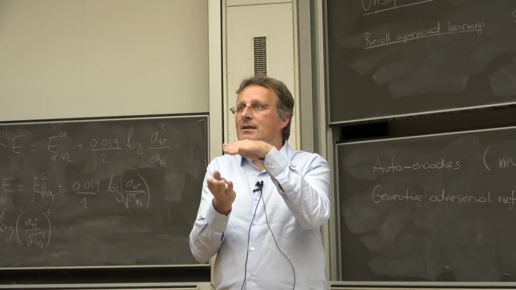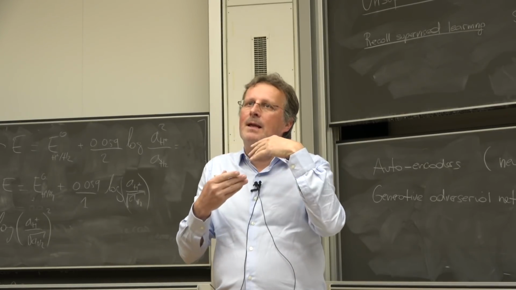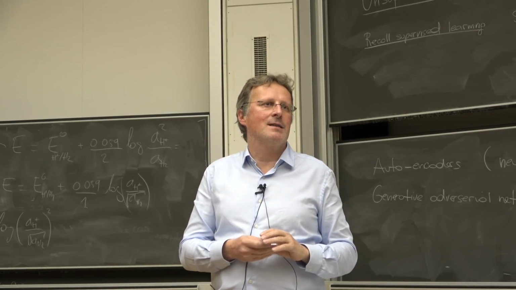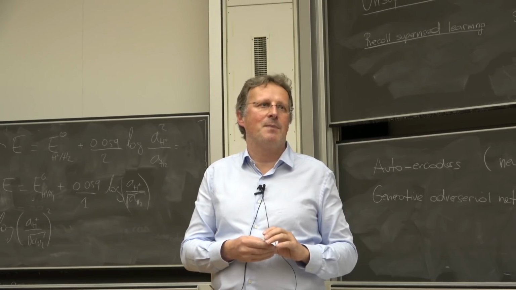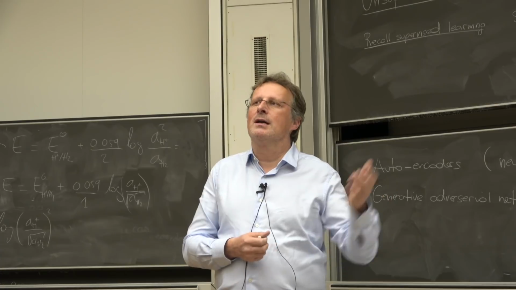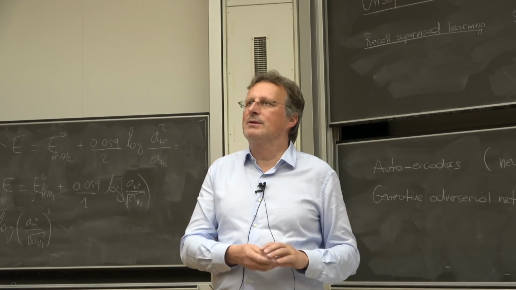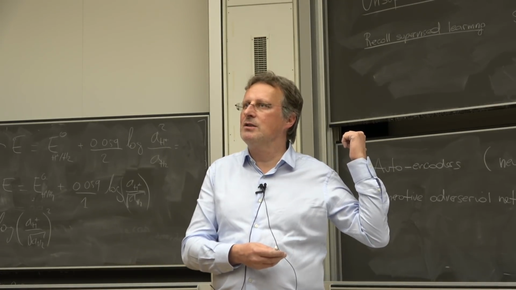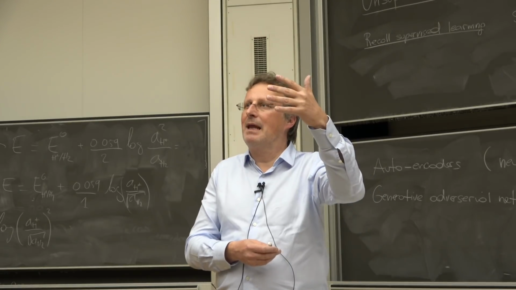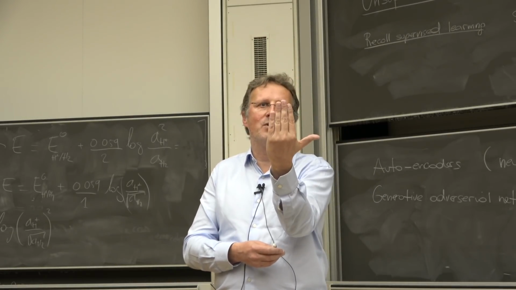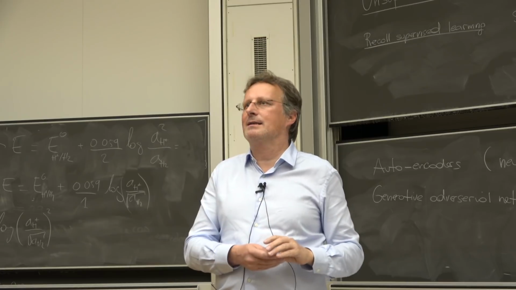But starting with something that's small might be better, because it might be easier to learn in a low-dimensional space than in a high-dimensional space. So here I could use a large amount of unlabeled data just to find this representation, and then I could use some labeled data together with this representation to do whatever learning task I have.